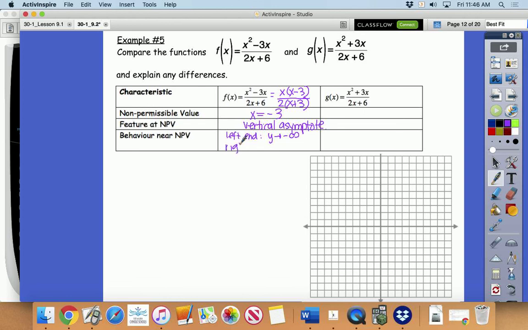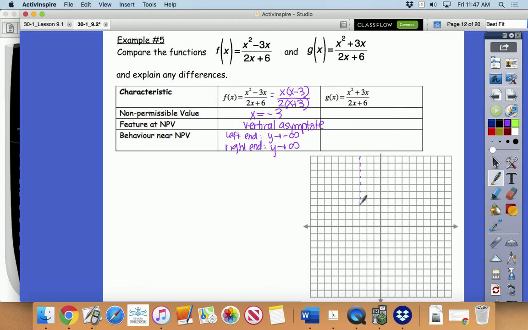On the right end, the y is going to go to +infinity. And what that's going to look like is it's going to have two parts to it. In this case, we're going to have that vertical asymptote at -3.